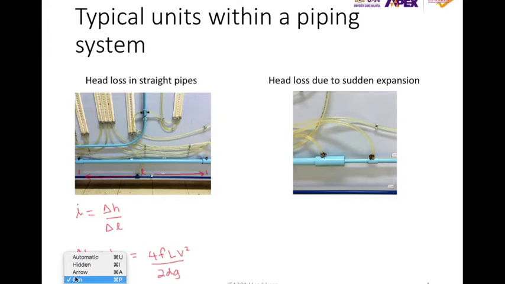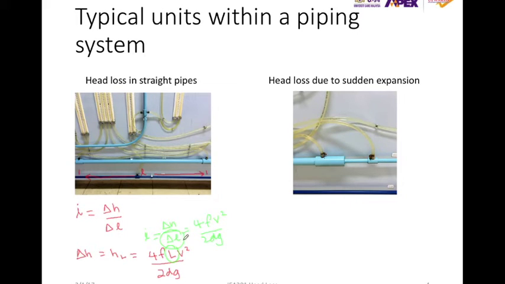L is basically from here. Notice that before, the hydraulic gradient is delta H over delta L, equals 4F V square over 2dg.